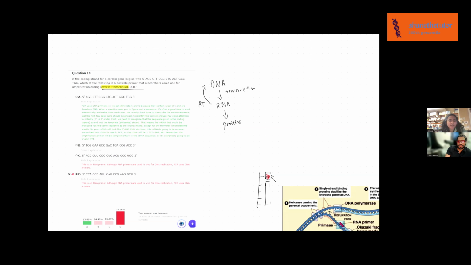Here it says PCR uses DNA primers. So is it just a technique thing? Like they just always use DNA primers, whether it's RT or normal PCR? Oh yeah. So sorry, because I was talking about just replication.